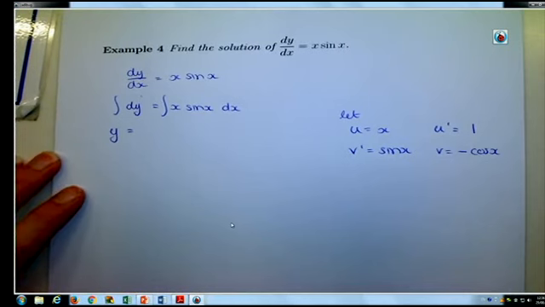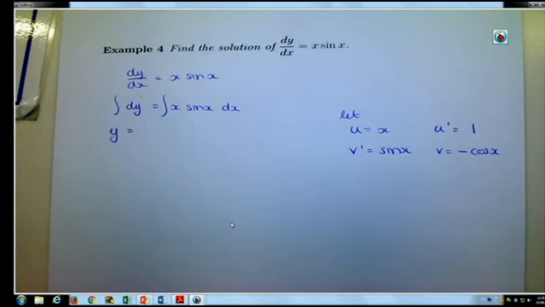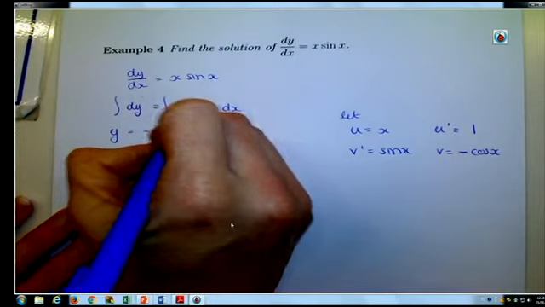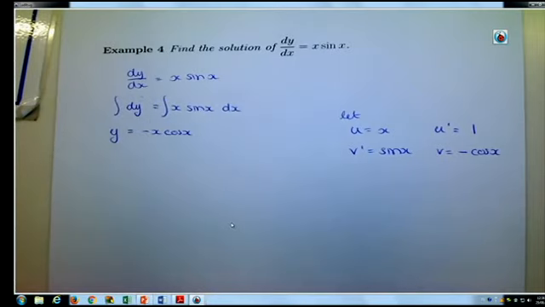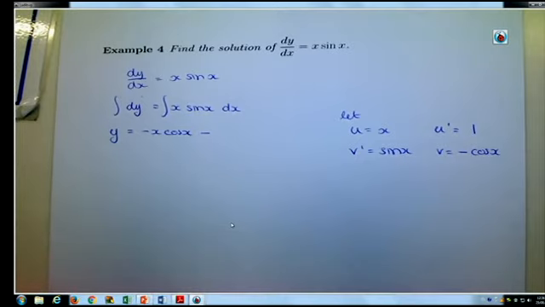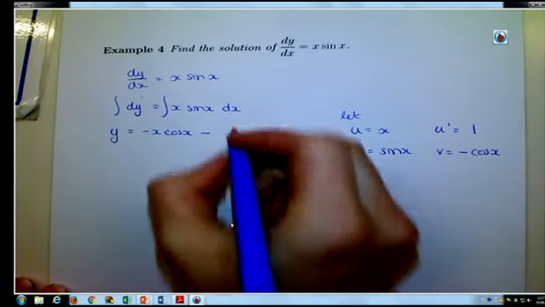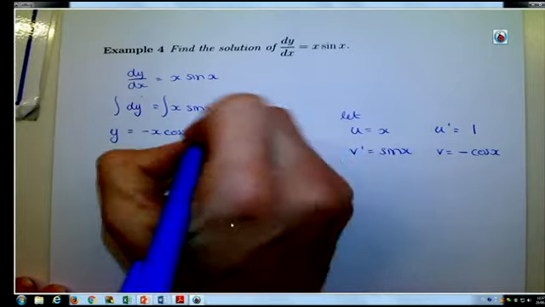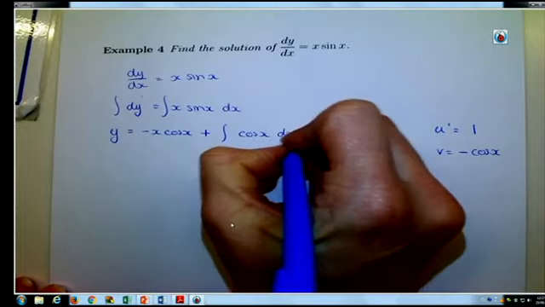And now we can use the formula. So I want u times v, that's the first part. So that's this one times that one. Then I want minus u primed times by v. Okay, so this one times by that one will be cos x, and it's got a minus sign, so that can just come straight out of the integral sign.